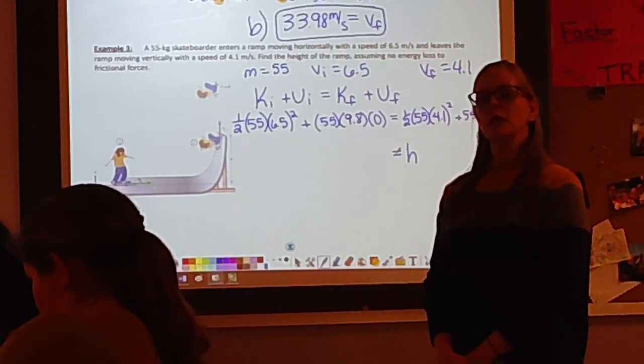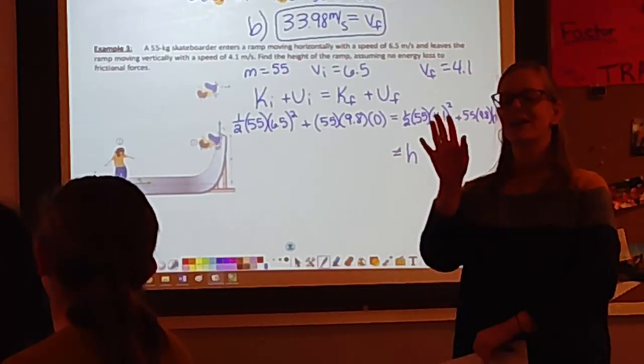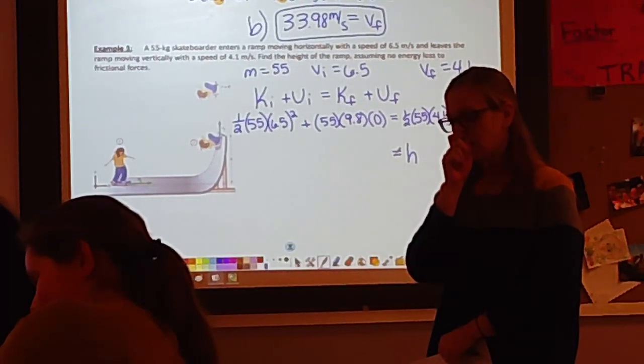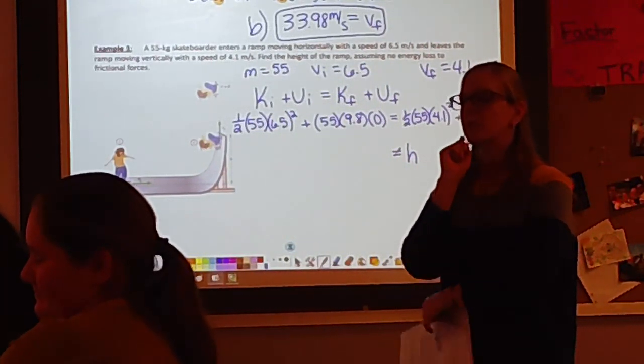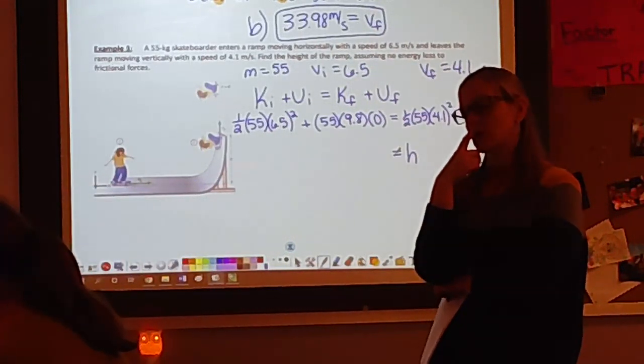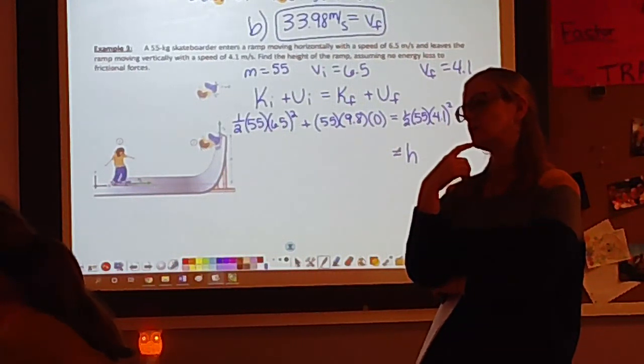I don't know, Olivia, because his velocity is 4.1 in the horizontal, not in the vertical. Can I try it? Yeah, but make his vertical velocity 0.